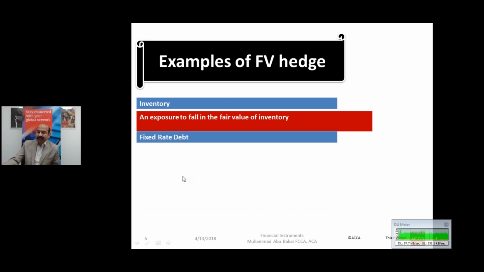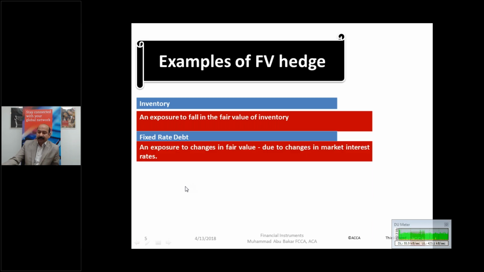Likewise, fixed rate debt. Say you issued some bonds with a coupon of 5% per annum. This is good, as your interest rate is fixed, but you are worried that in the future market interest rates will be much lower than 5%, and you will be overpaying.